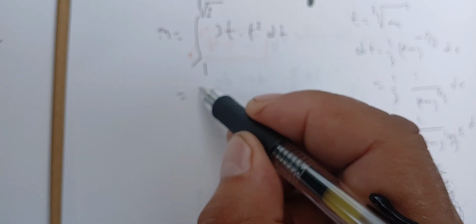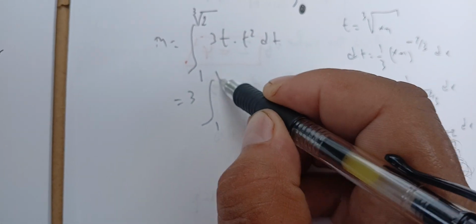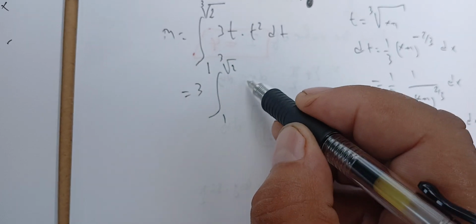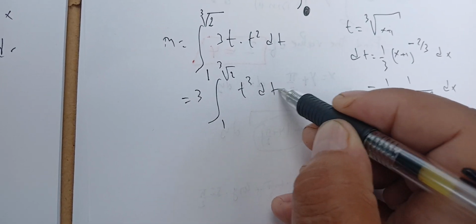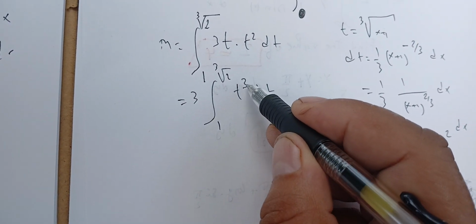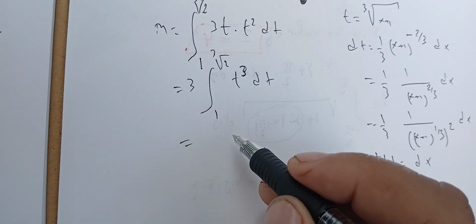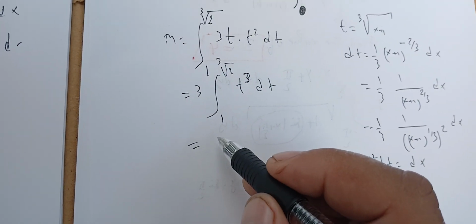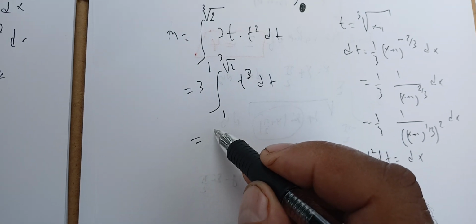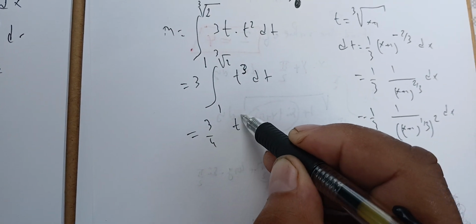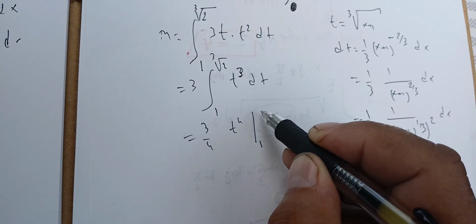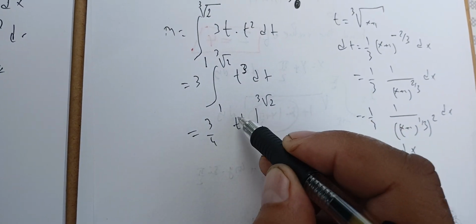Taking 3 outside, it's a constant, and integrating t to the power 3 dt, using the power rule, we get 3 over 4 t to the power 4 between 1 and the cube root of 2.